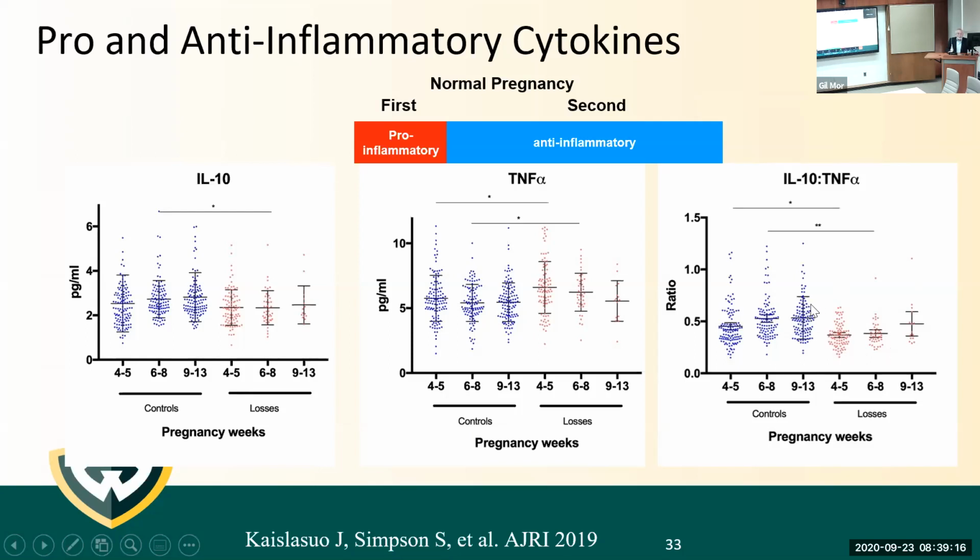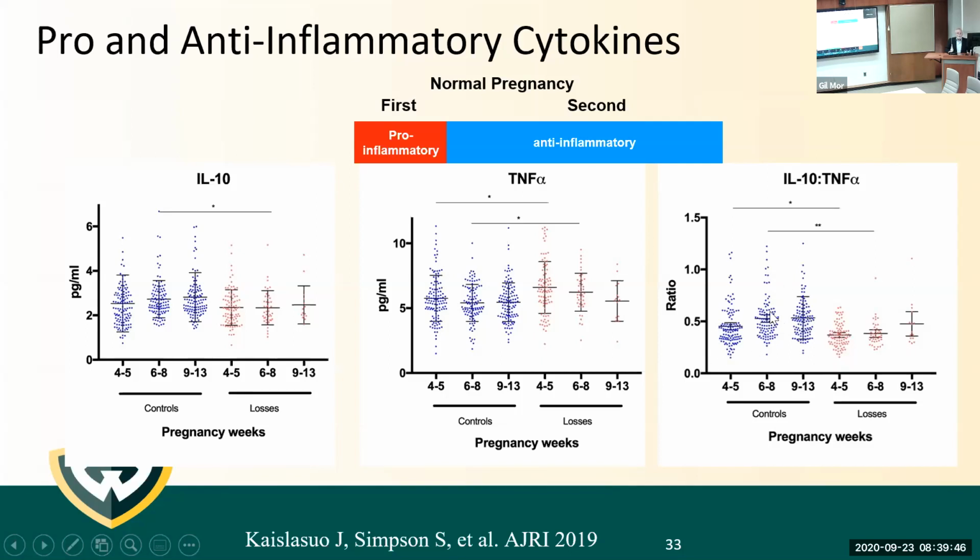So now we think this period between week 6 to 9 is a critical stage in the shift, the decrease in the ratio between anti- and pro-inflammatory. If this shift doesn't happen, the probability of losing the baby increases significantly, and it will lead to miscarriage.